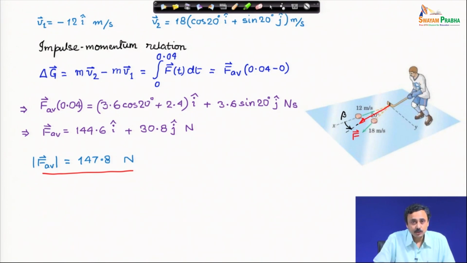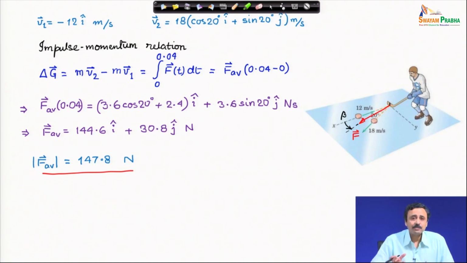If this situation has to happen, then the magnitude of the force that has acted on the puck is 147.8 Newton. If you want to get an estimate of how much force this is, it is something like 15 kg.